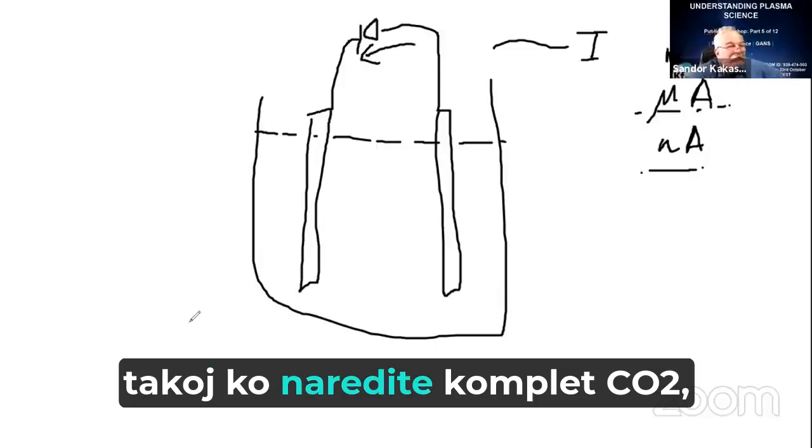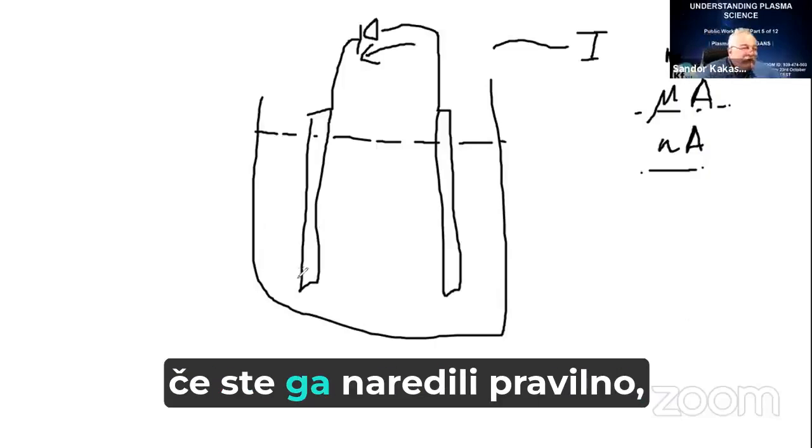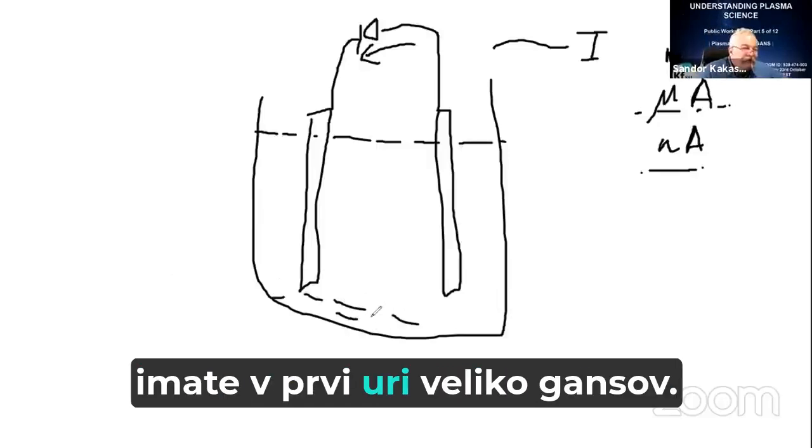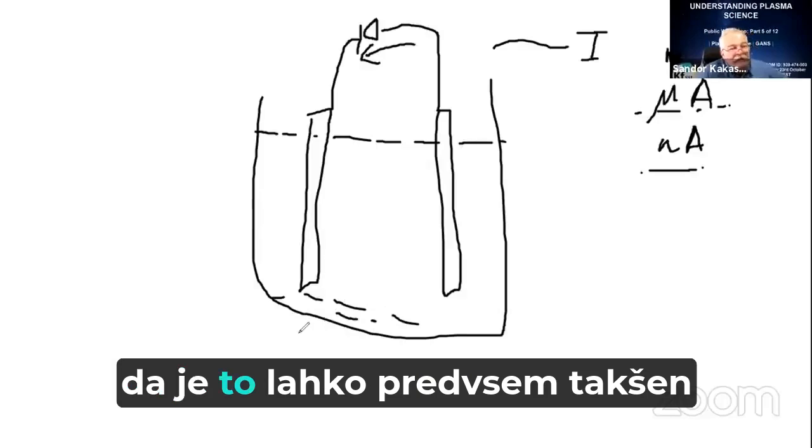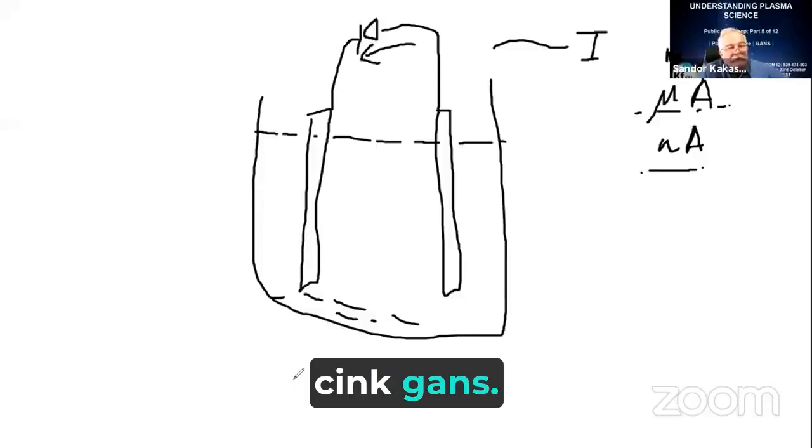Of course, as soon as you make your CO2 kit, if you made it properly, you have a lot of gains in the first hour, but understand that that may be mainly such as zinc gains.